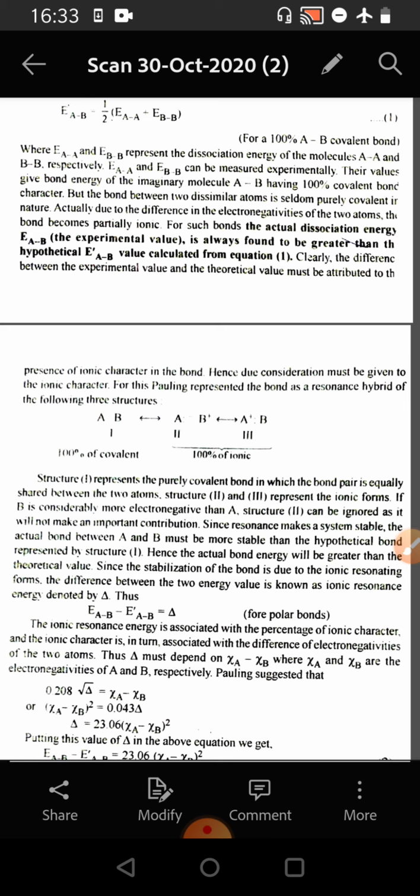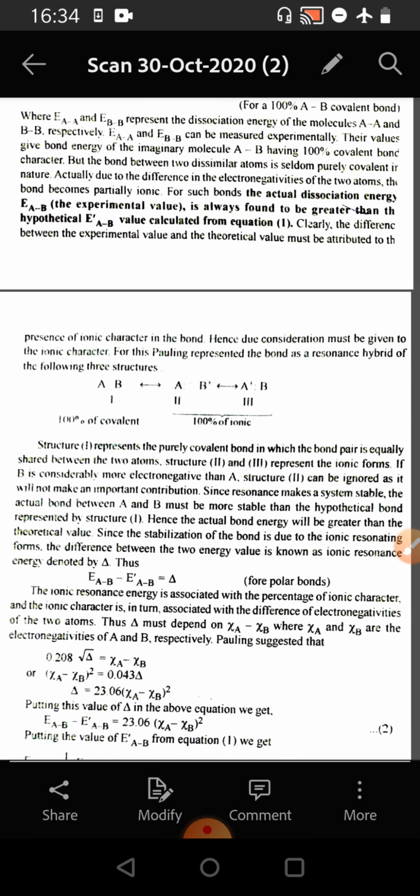Their values give the bond energy of the imaginary molecule AB having 100% covalent bond character, but the bond between two dissimilar atoms is seldom purely covalent in nature. Actually, due to the difference in the electronegativities of the two atoms, the bond becomes partially ionic. For such bonds, the actual dissociation energy EAB, that is the experimental value, is always found to be greater than the hypothetical E' AB value calculated from the equation.